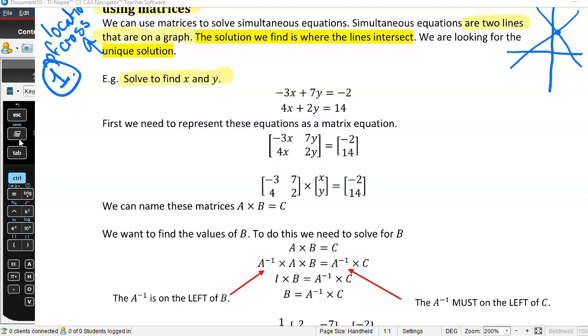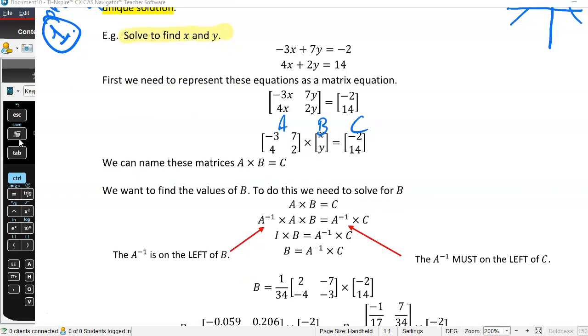So I'm going to name these A, B, C for this example. We want to find the values of B, what x and y are. To do this, we need to solve for B.